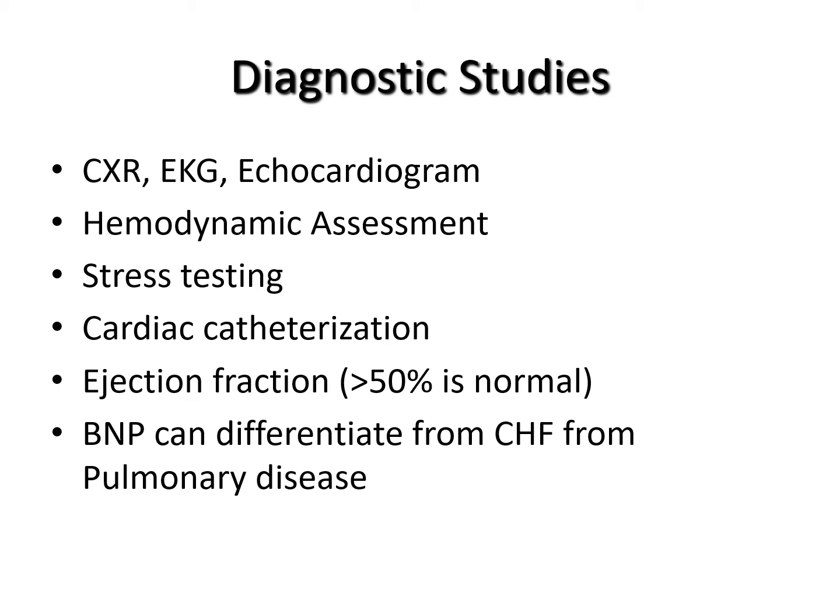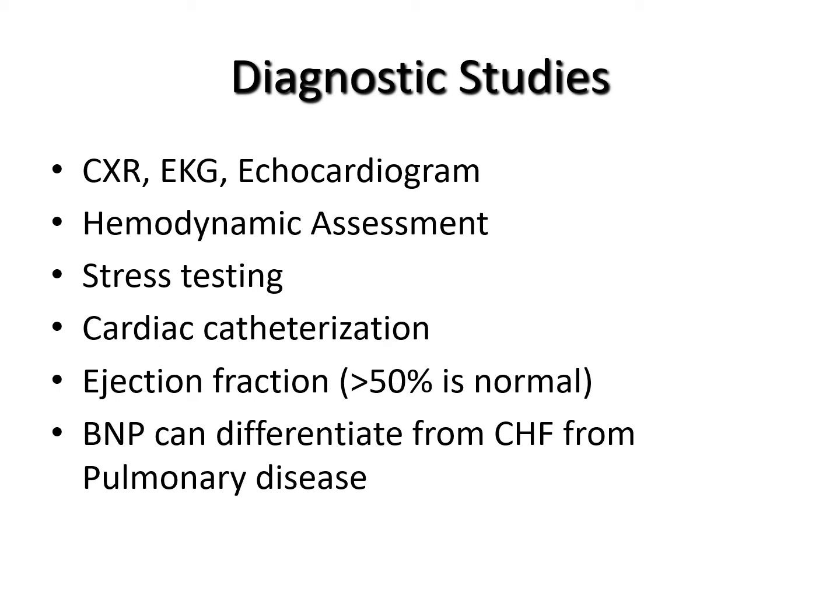And we have other diagnostic studies that we can use to get a more accurate assessment of ejection fraction, such as the MUGA scan. We also have serum BNP levels that can be measured, and they are helpful in differentiating between heart failure and pulmonary disorders.